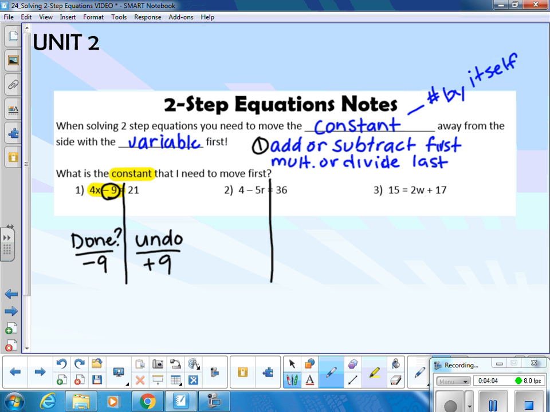Again, look at number 2. We're going to start on the side with the letter, which is this side over here. And I want you to think: what's being done, and how do I undo it? If we look here, I have a 4 minus 5r.